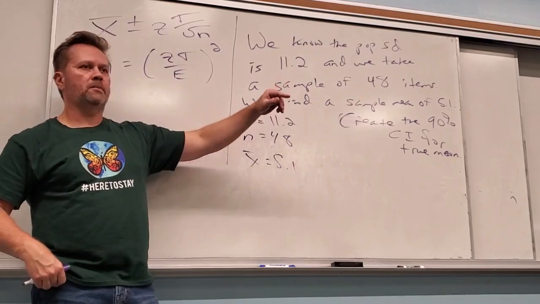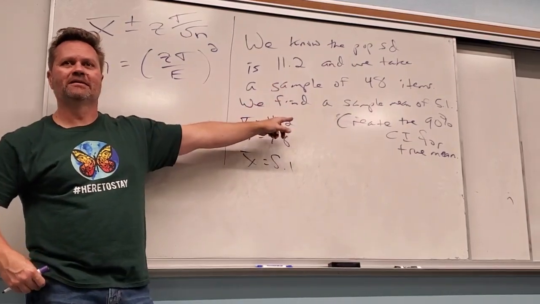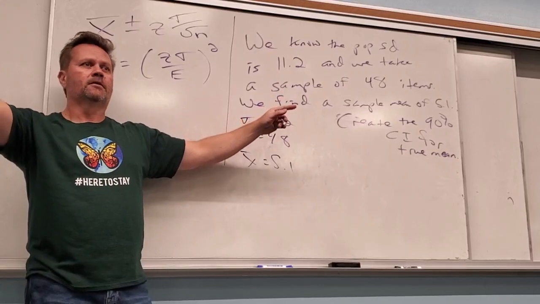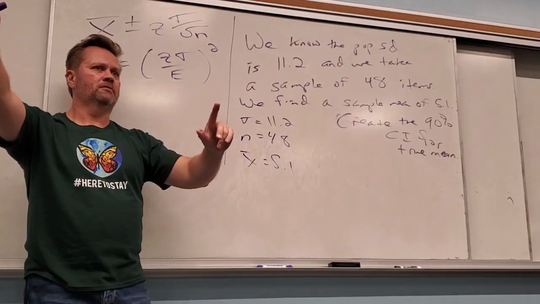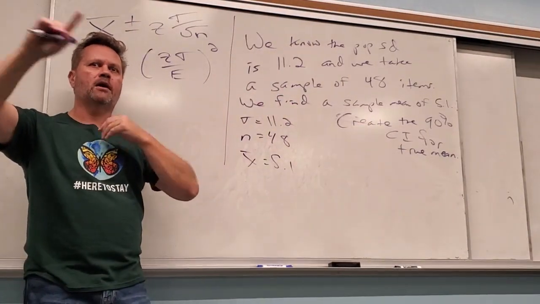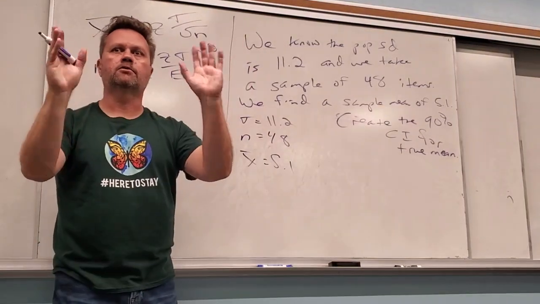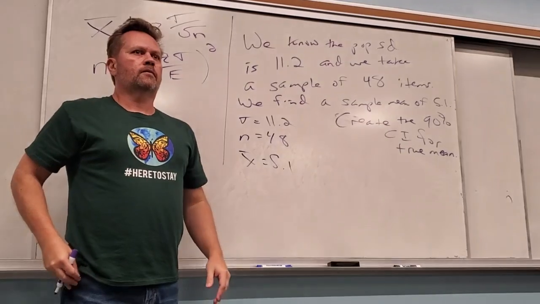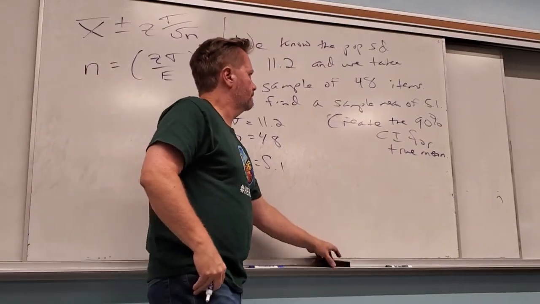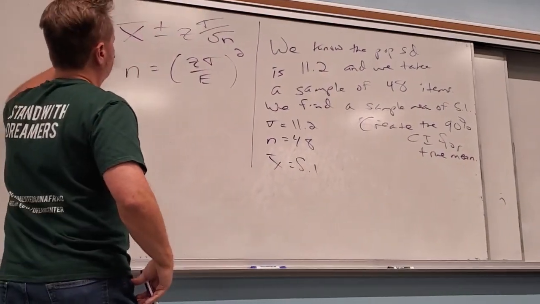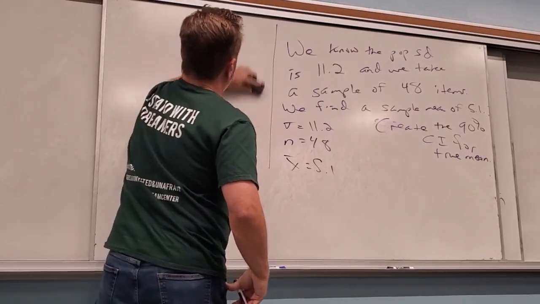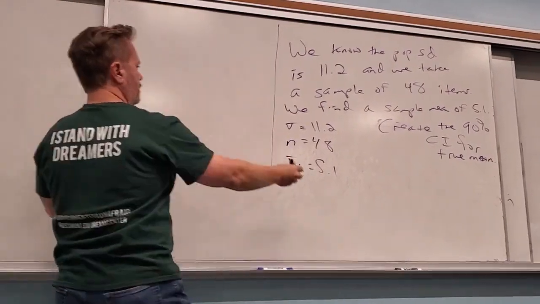Yeah, well, let's back up a second. How do I get it? On that paper. How do I get it? What process do I go through? How confident do I want to be? 90%. Can you draw that? Take a second. Draw it. All right.